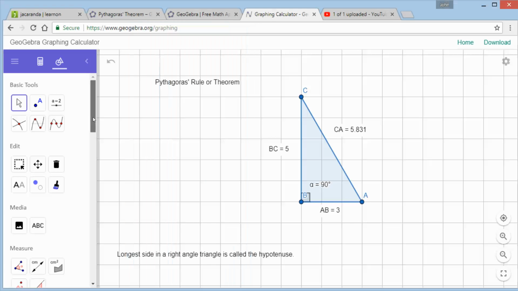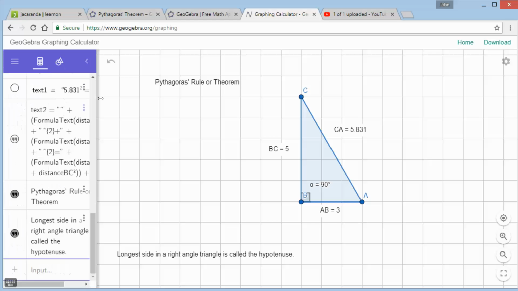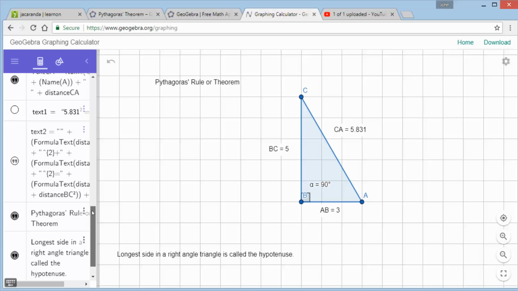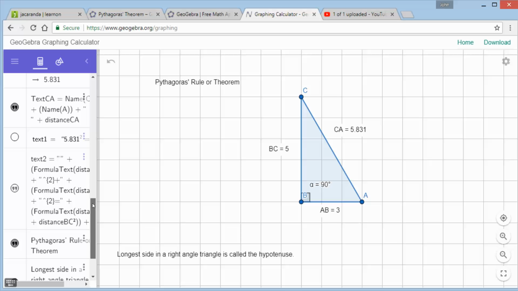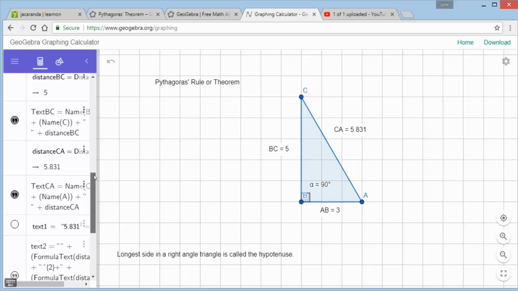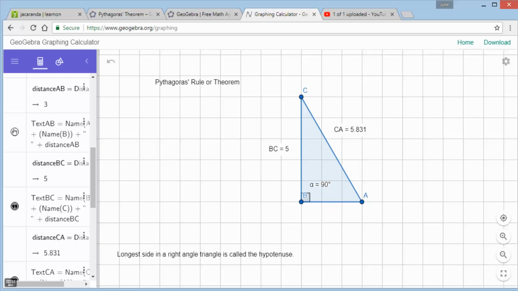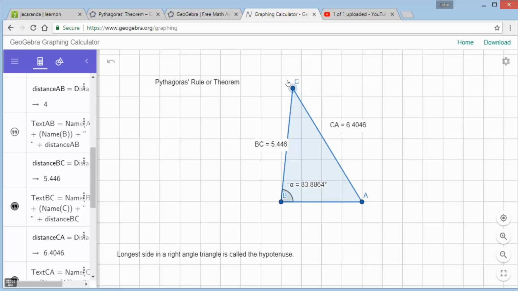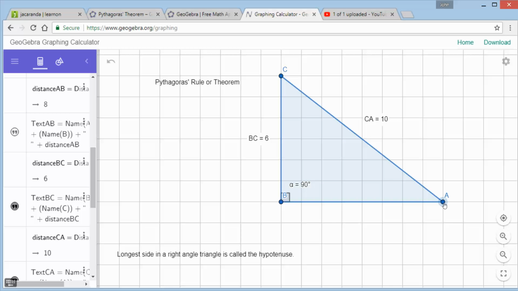Let's give you one to try. So what I'll do is I'll just go and hide one of the lengths, let's hide that length there. Okay, and I'll drag these points out a bit. Right, there we go. I want you to work it out.